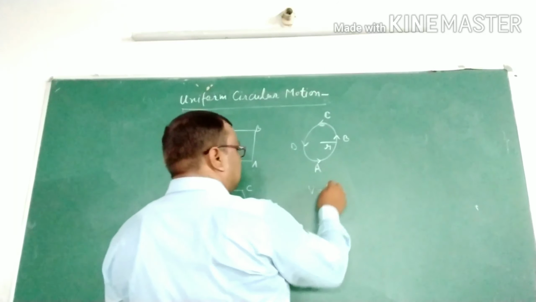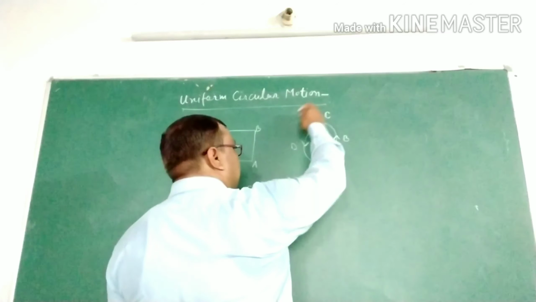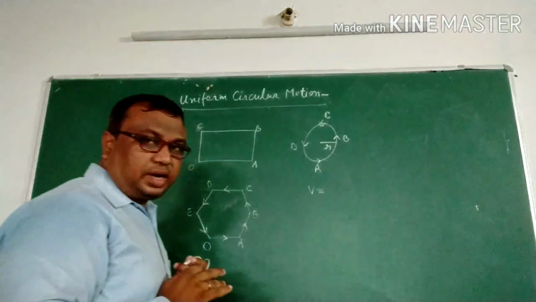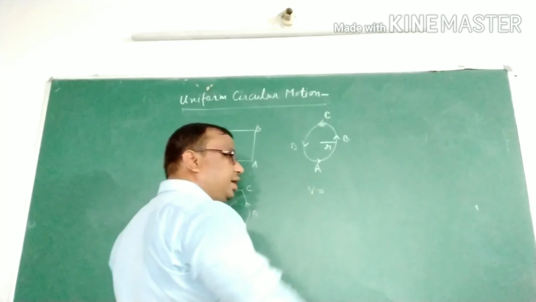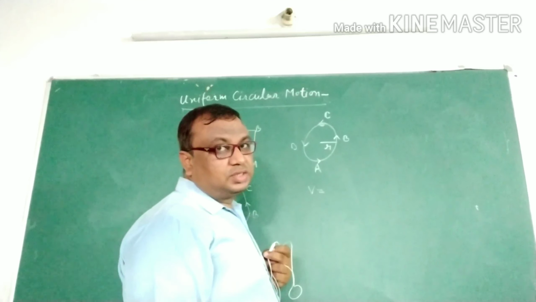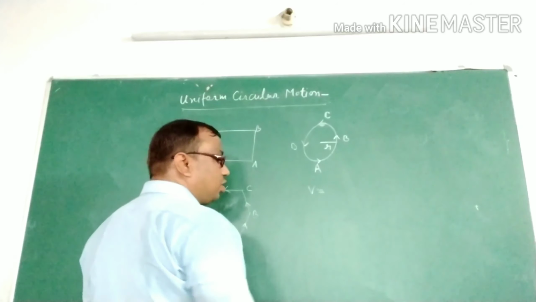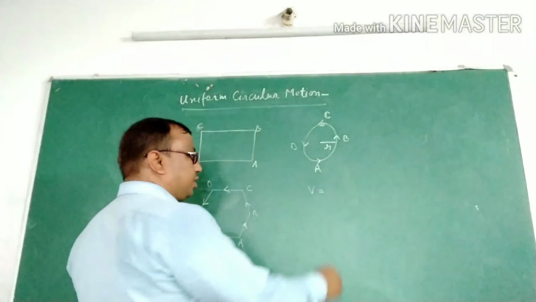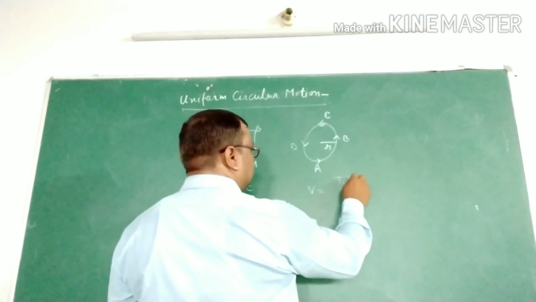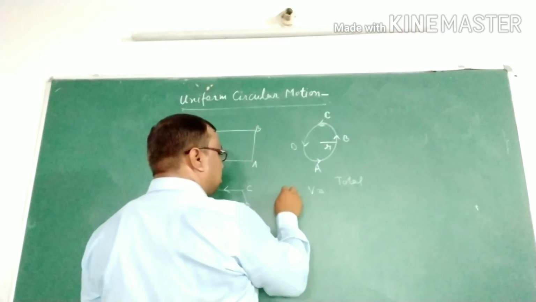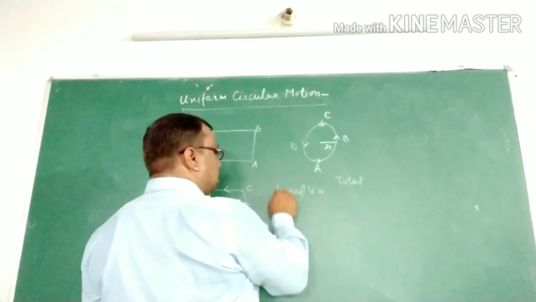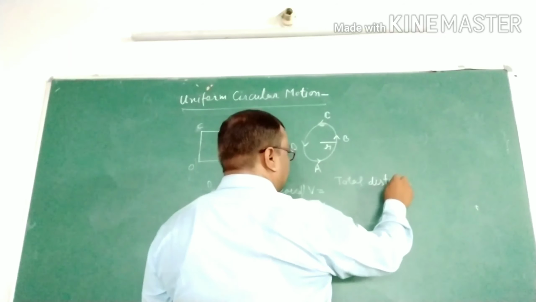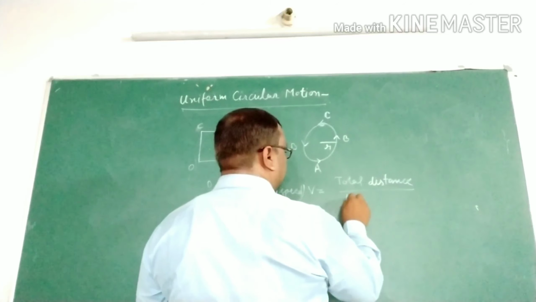We know that velocity is 0 at point A, while its speed has some magnitude. Why? Because it has distance and time taken. So it is your speed. Clear? So V is total distance upon time taken.